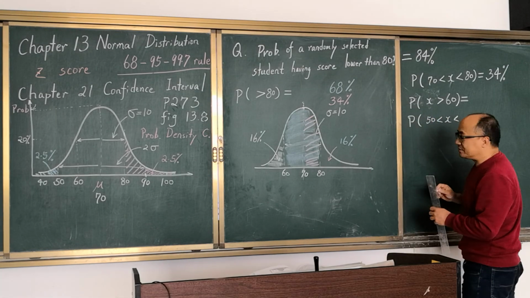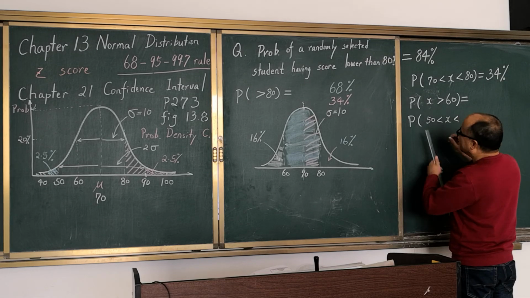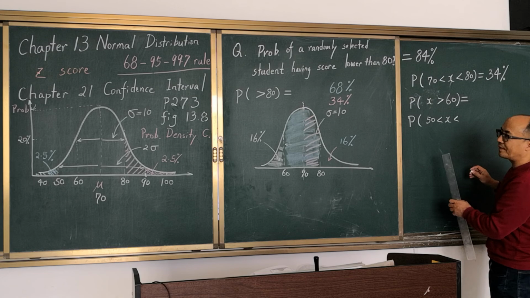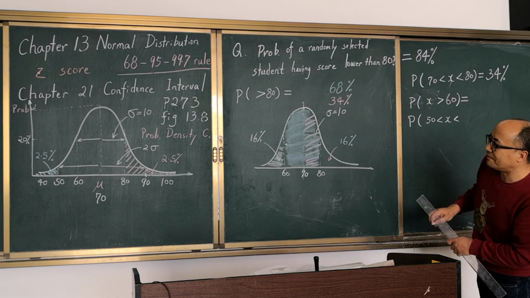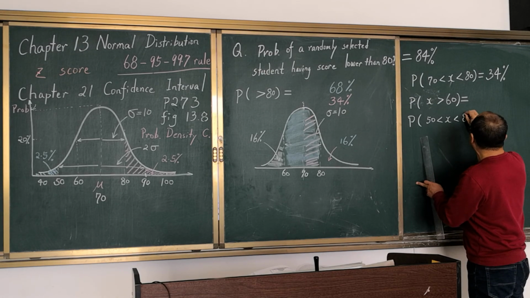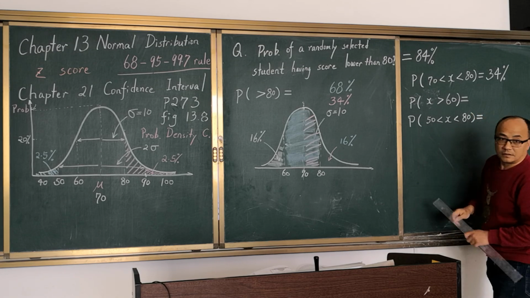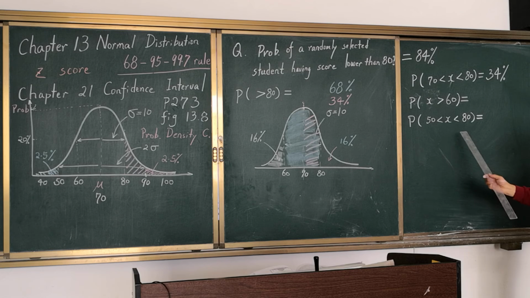Do it on your notebook. Write all this. It's for your review. Greater than 50, lower than 80. Do it on your notebook.